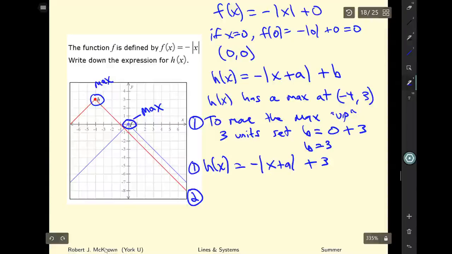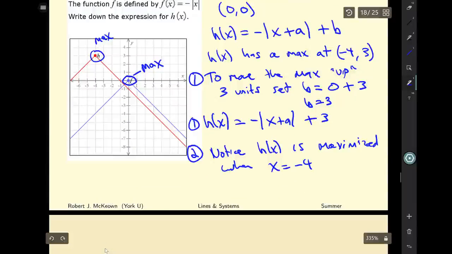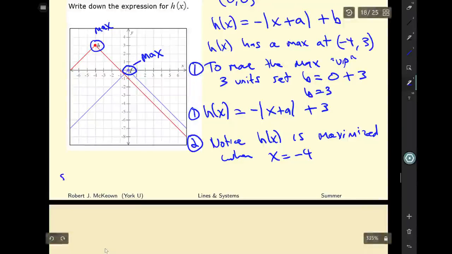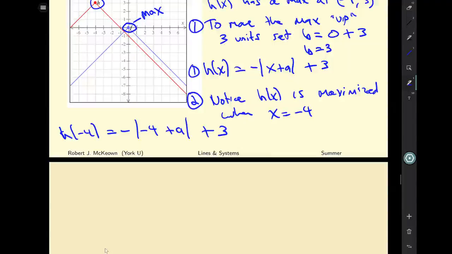And for step 2, notice h of x is maximized when x is equal to -4. So let's set x equal to -4. There's a couple different ways I could show you how to do this.